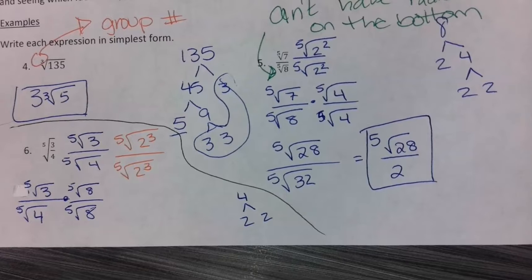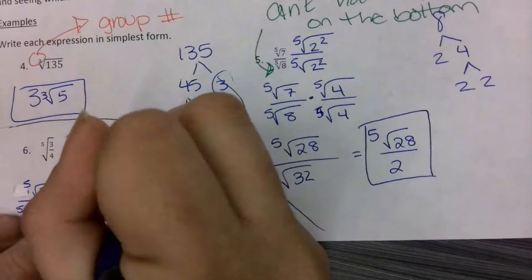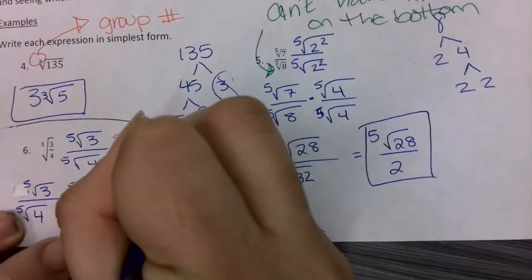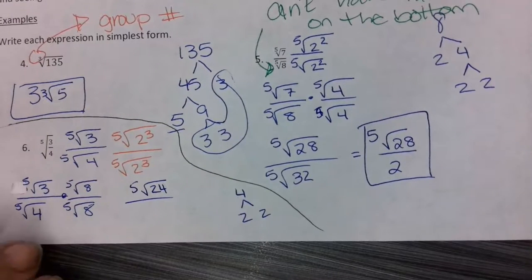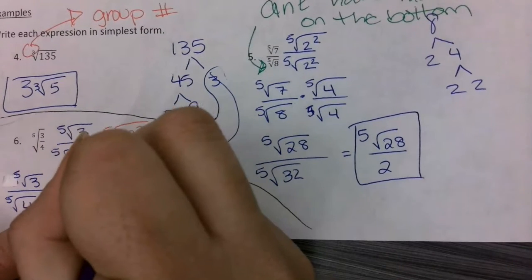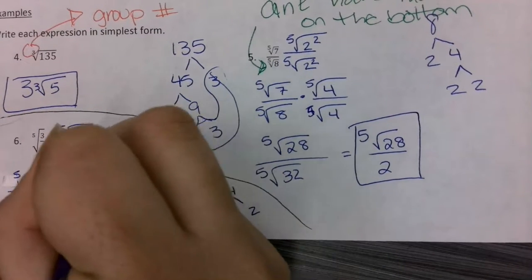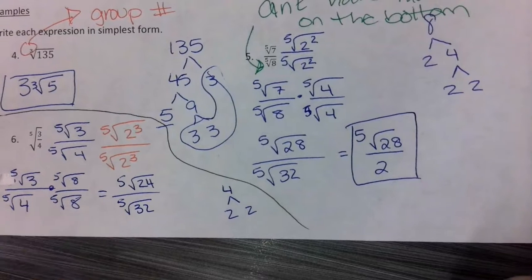So what do I get on the top? 24, 5, mm-hmm. And on the bottom? It is 2, but I'm showing my steps. Calm down, Brian.